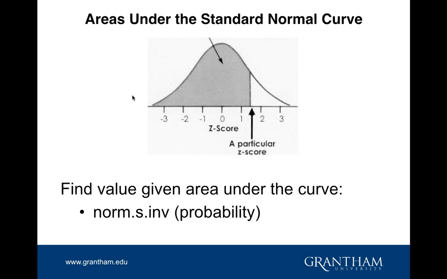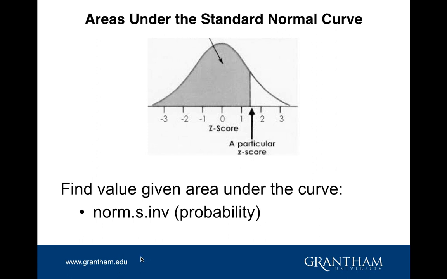Now, if that is the case, though, we can't use the same formula that we've been using, because those formulas tell us what the shaded area is if we're given the z-score. But now we don't have the z-score, so we can't use that. Instead, there's another built-in function in Excel, and that is called the norm inverse. The norm inverse tells us the value that corresponds to the given area under the curve. Norm inverse, we're going to type in.